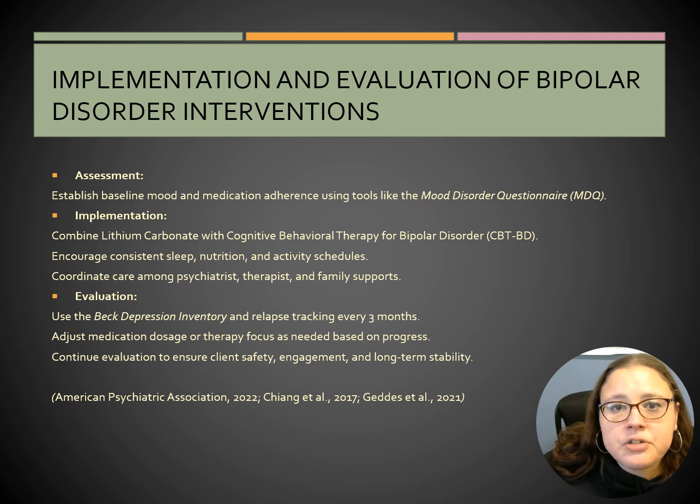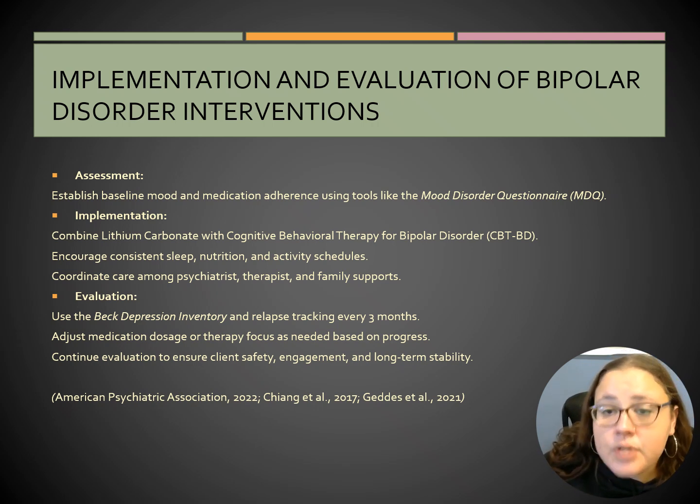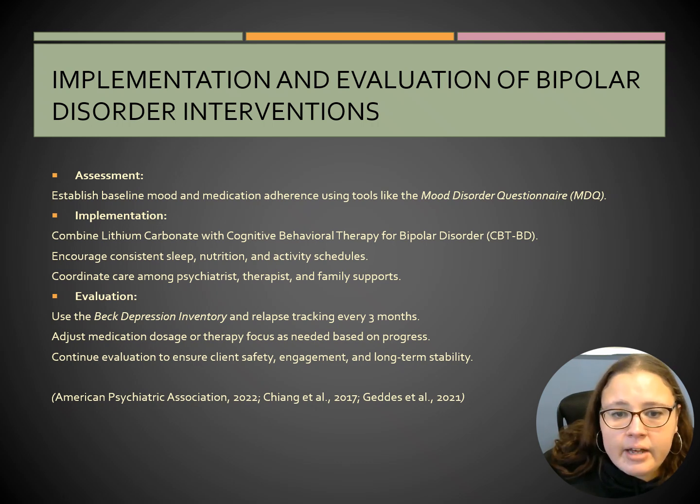Evaluation means re-administering tools such as the Beck Depression Inventory and reviewing relapse frequency every 3 months. If progress stalls, the plan is revised, the dose can change, we introduce new coping strategies, or address what social stressors are happening. This continuous feedback process aligns with the NASW's principle of competence. We must measure, adapt, and stay accountable for client outcomes.